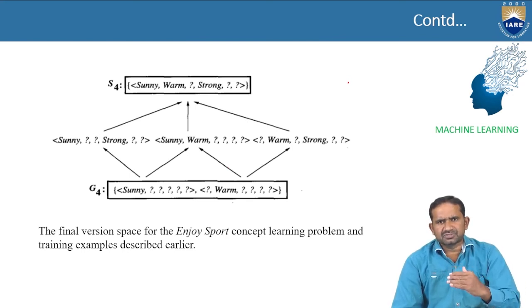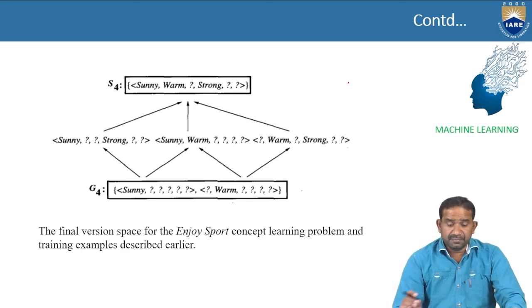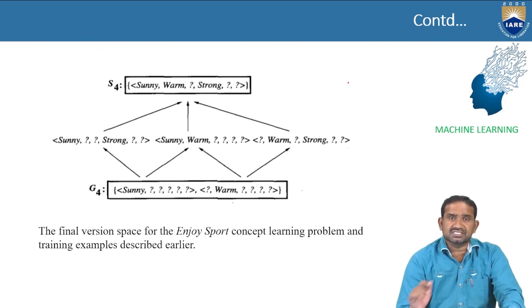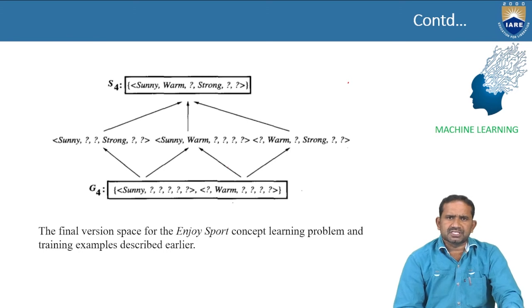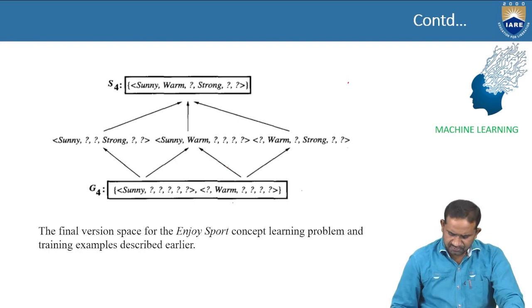It is also focused on consistent as well as inconsistent hypotheses. If any hypothesis is consistent, that hypothesis is placed in the version space. If any hypothesis is inconsistent, it is removed from the version space. That is the thing about it.